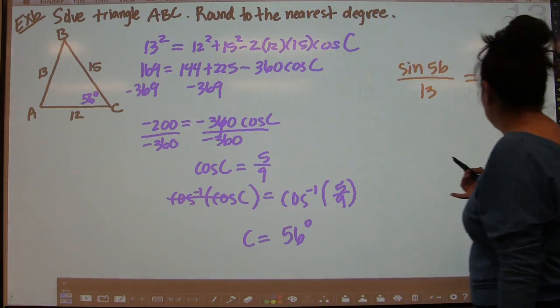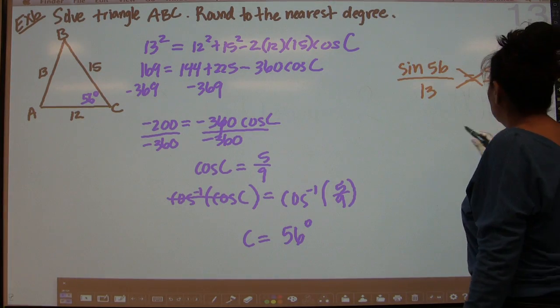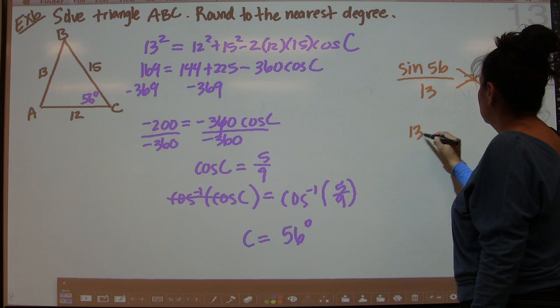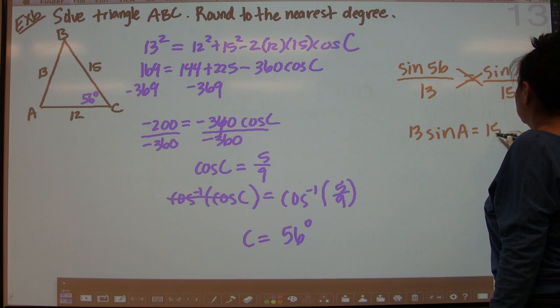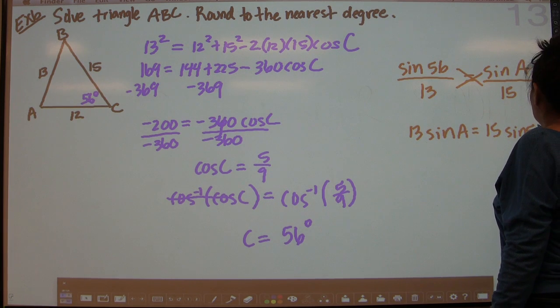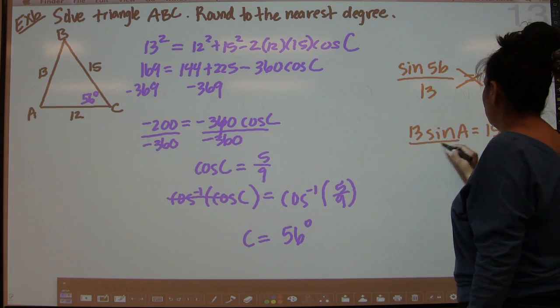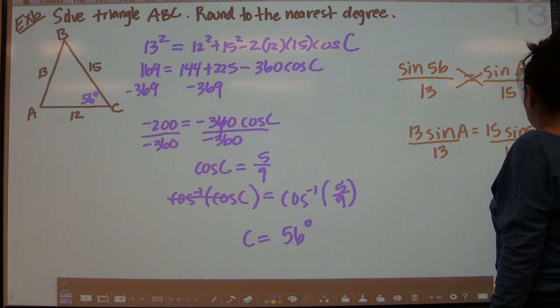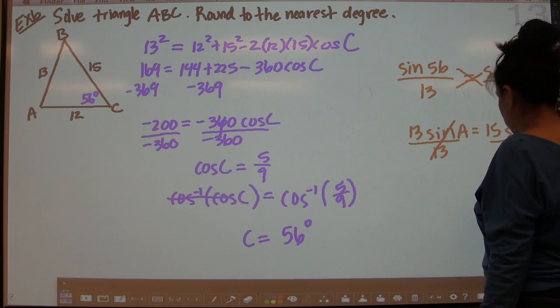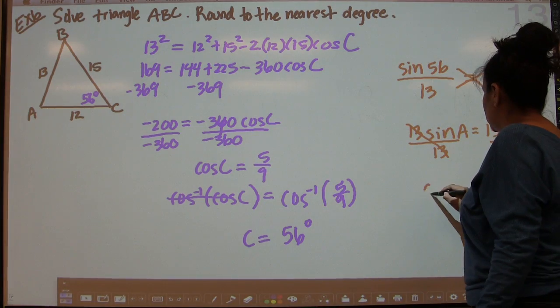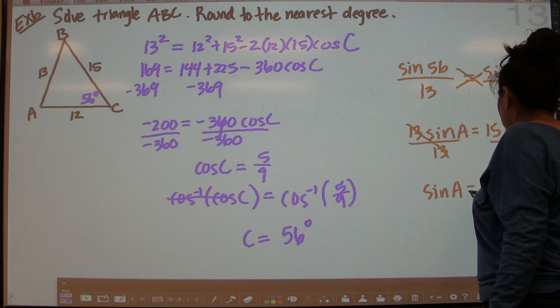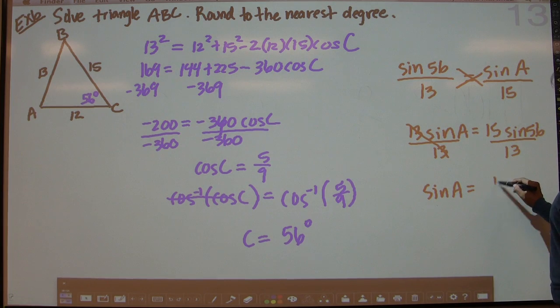We don't know what angle A is, but we can find out very quickly. So we're going to get 13 times sine A is equal to 15 sine 56. So we divide by 13, and we get sine A is equal to 15 sine 56 over 13.